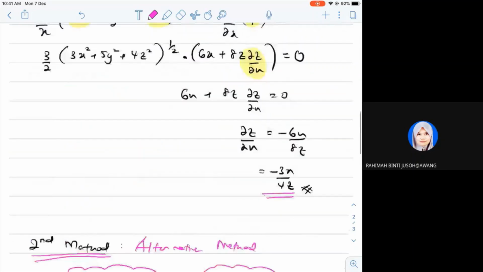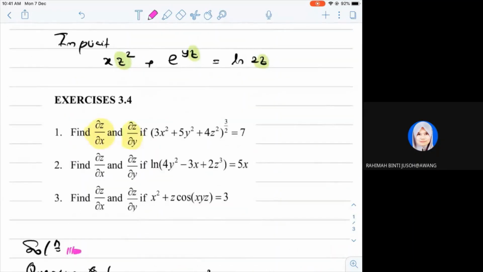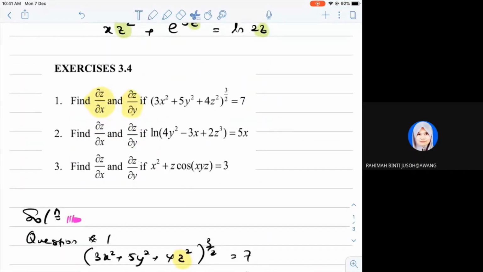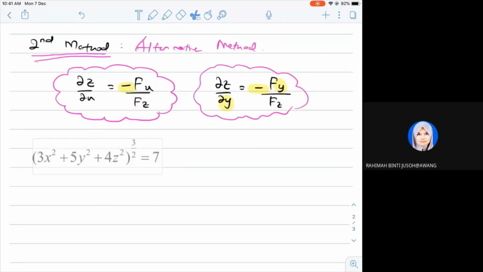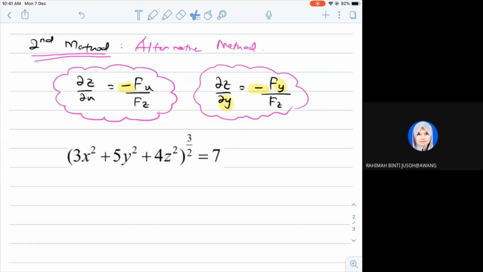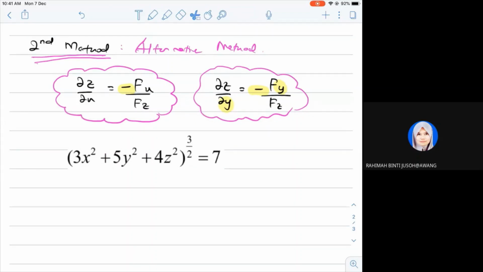Okay, let us solve this question again. The same question. Okay, first of all, in order to solve this by using the second method, okay, ini penting sebab kaedah ni lebih mudah. So saya nak semua student saya expert benda ni.